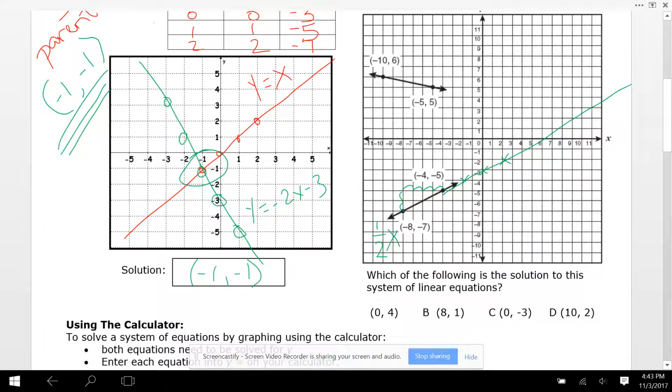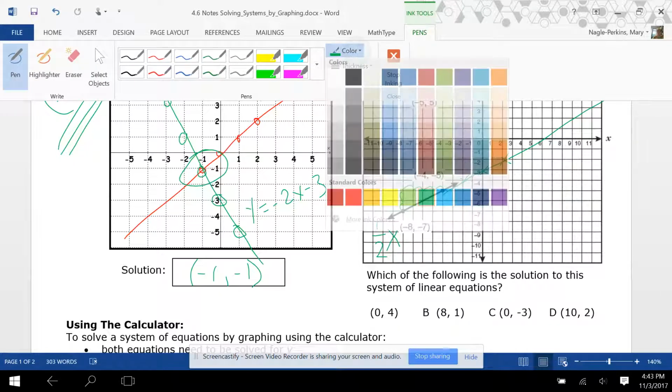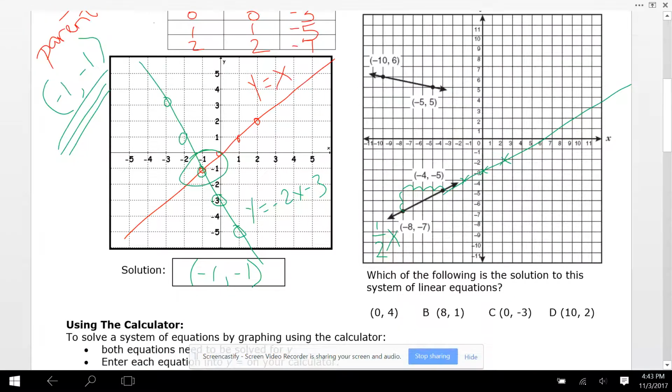Since my lines aren't going to be straight, it's going to be hard to tell, but heck, we'll give it a try. All right, this slope is -1 over 5.